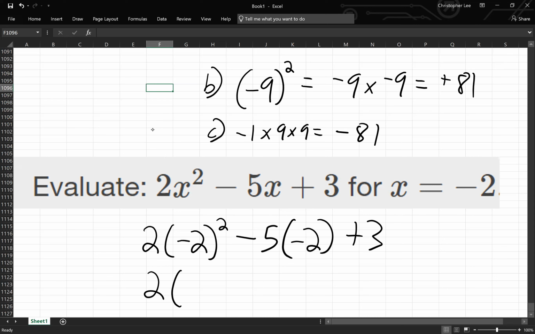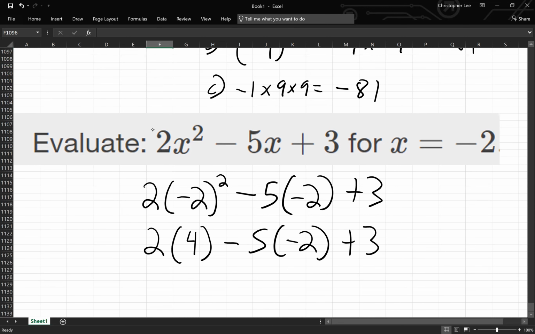No, not -4, that's +4, right? Minus 5 times -2 plus 3. And what's 2 times 4? 8. And -5 times -2 is +10. Plus 3. What's my answer? 21, right? Very good.